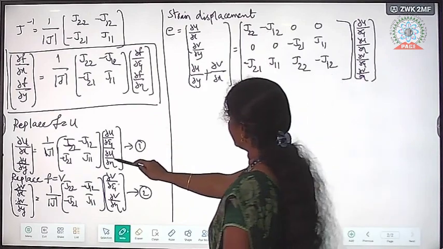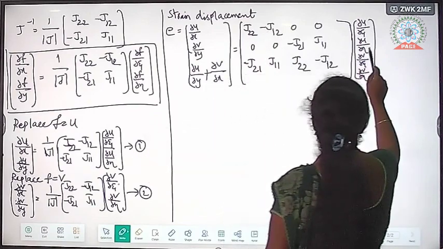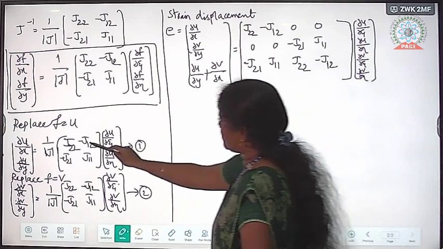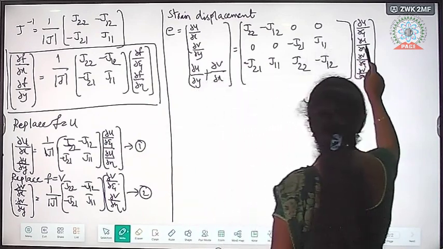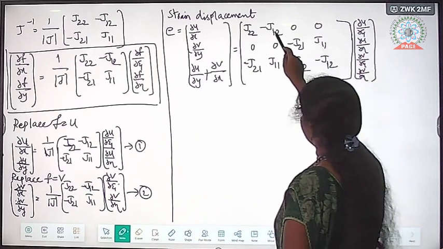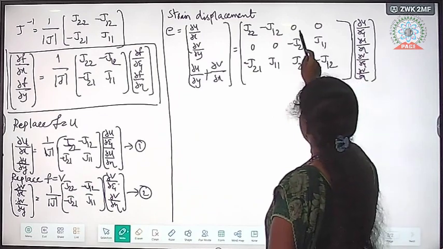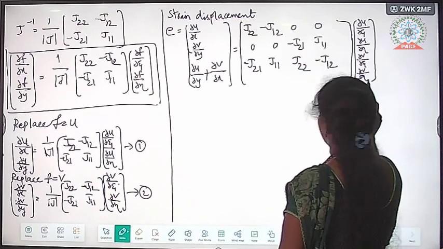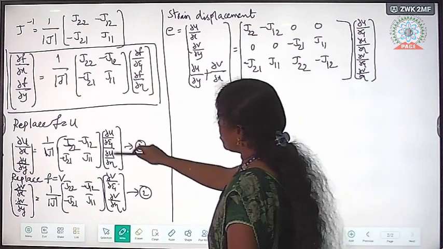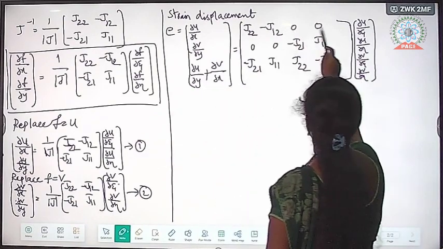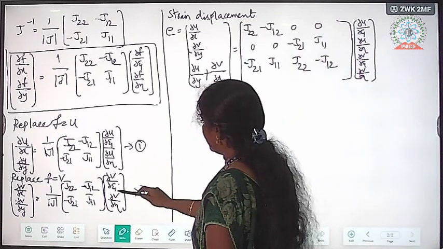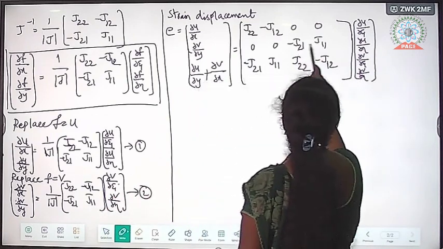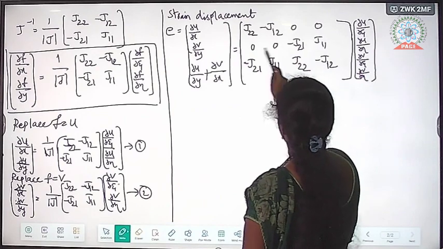Then dou U by dou eta term: minus J12 into dou U by dou eta, already written outside, so the remaining is minus J12. Similarly, dou V by dou xi and dou V by dou eta terms are not there in the first equation, so we take 0 0. Again in the second matrix, the dou V terms are taken and the remaining x terms are taken as 0.